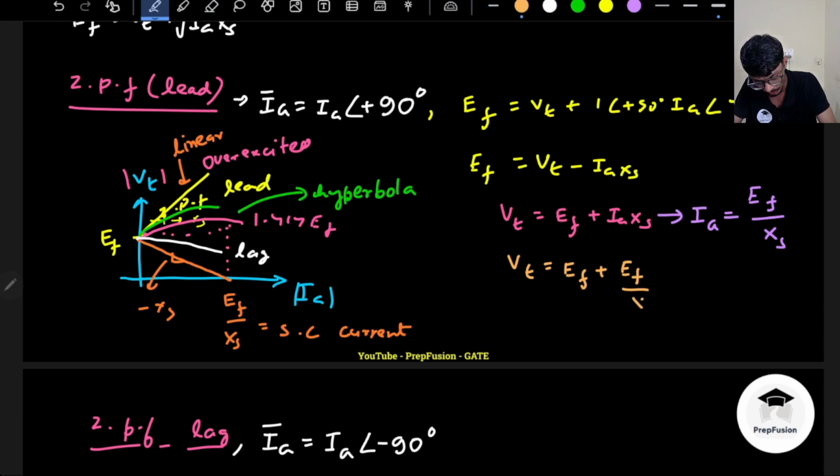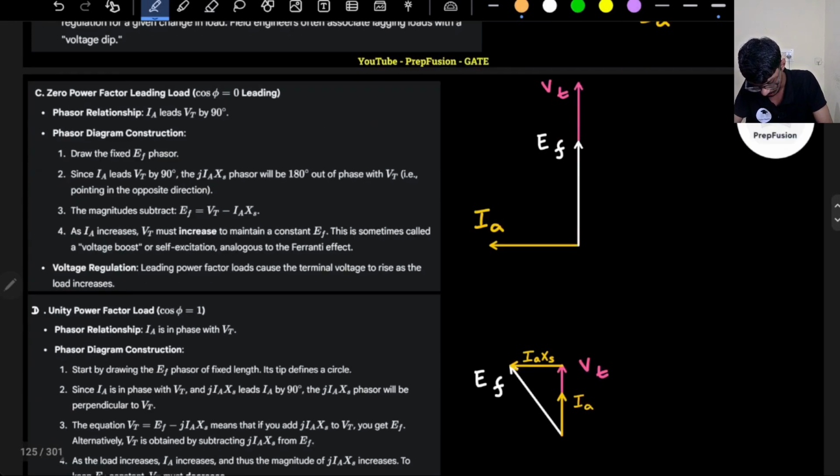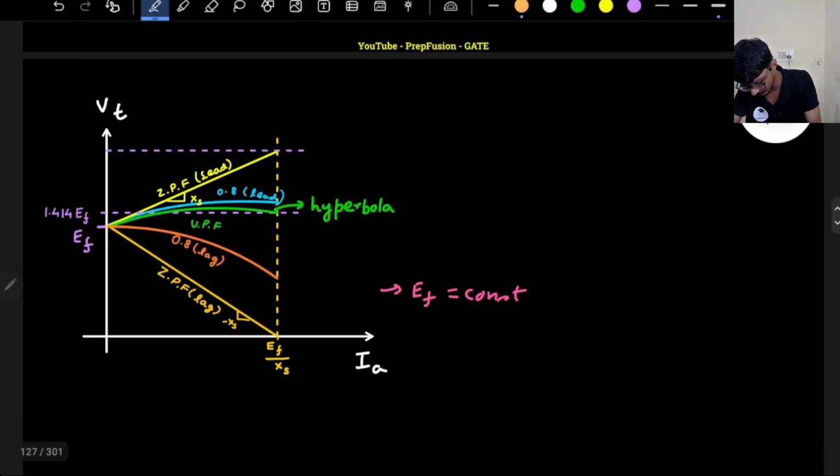So it is basically 2 times Ef. Vt becomes 2 times Ef. So basically at this current, the short circuit current, the terminal voltage for leading zero power factor will be 2 Ef.